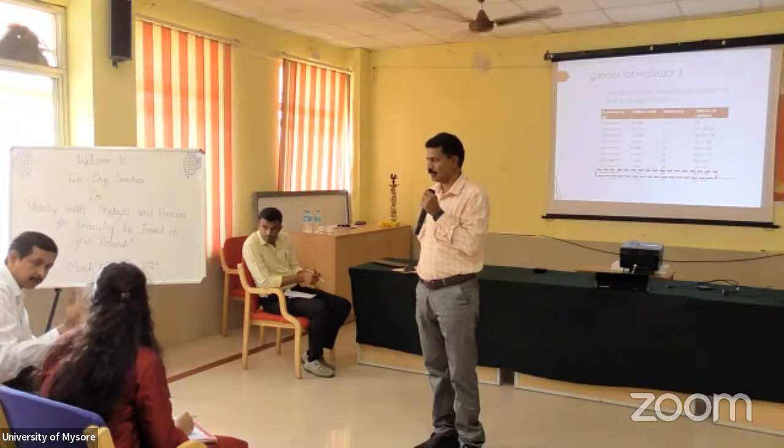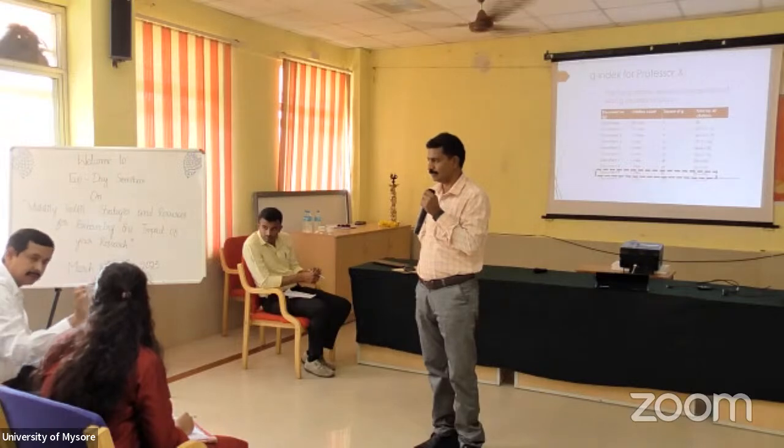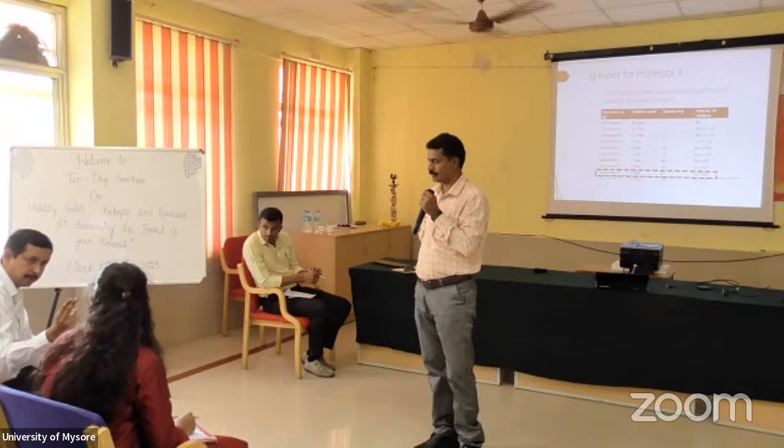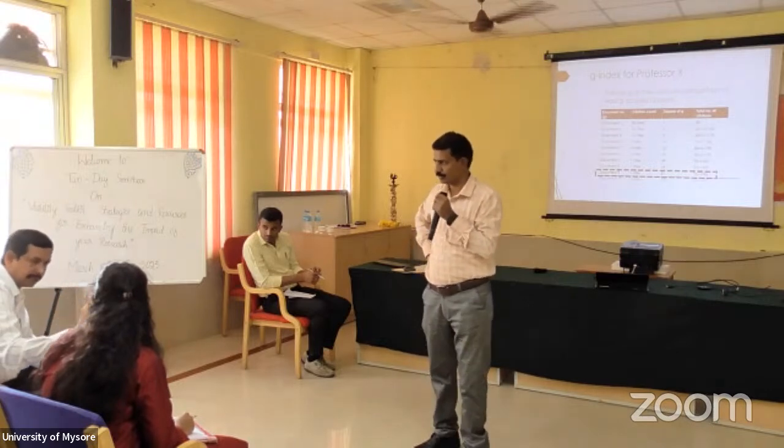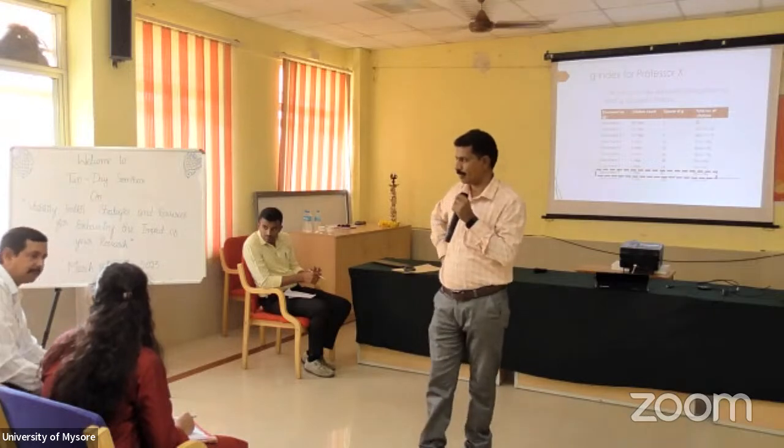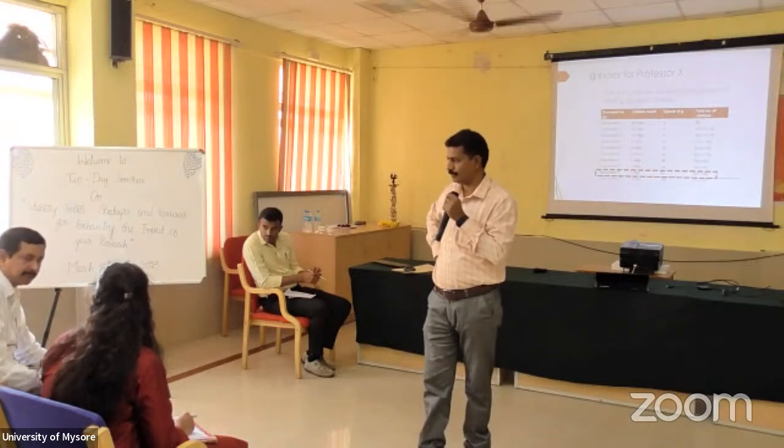If your top cited article has 1,000 citations, it counts as one; the second cited article counts as two. No matter how highly cited the first article is, it gets only one. But this is unfair.